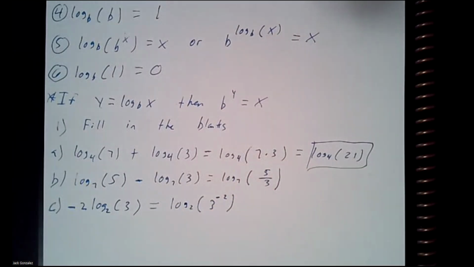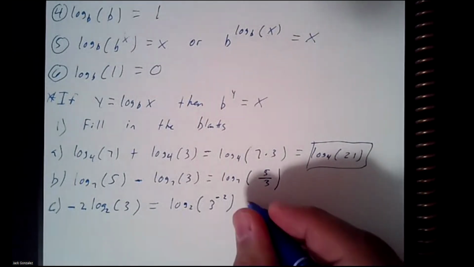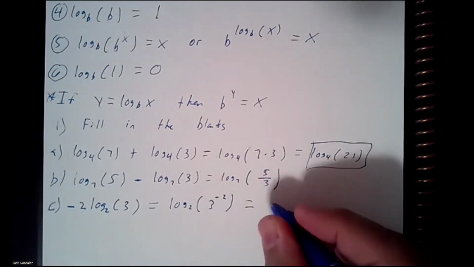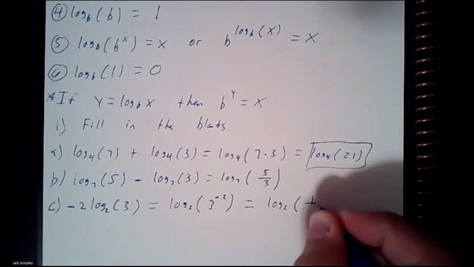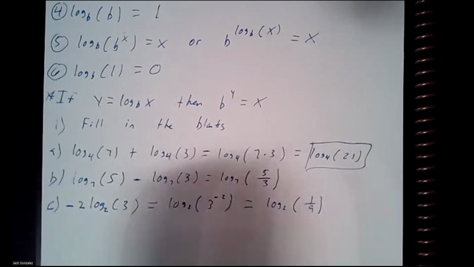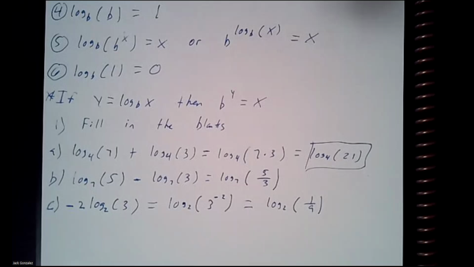That makes sense? We're just applying the rule. And then that becomes a ninth because of the negative power. Any questions on number 1?